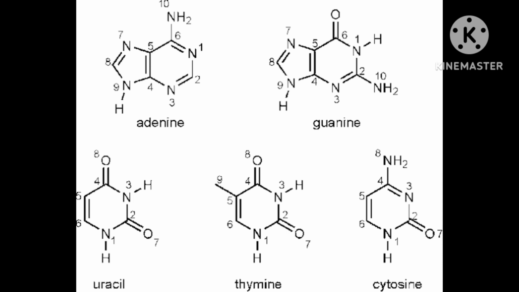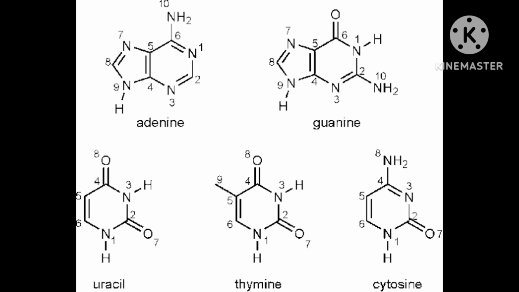And RNA also contains 4 bases. The first 3 bases are the same as in DNA, but the fourth one is uracil, U.